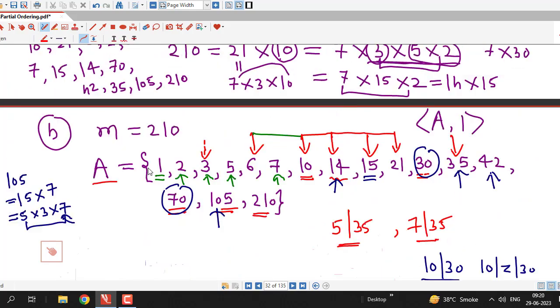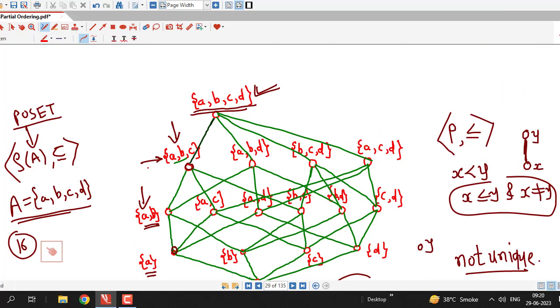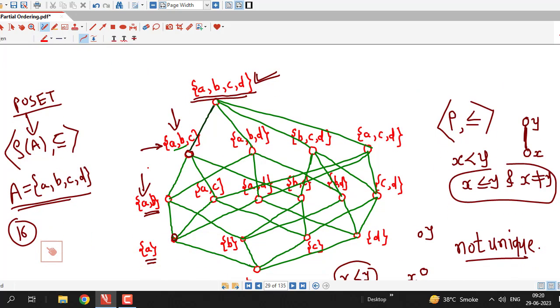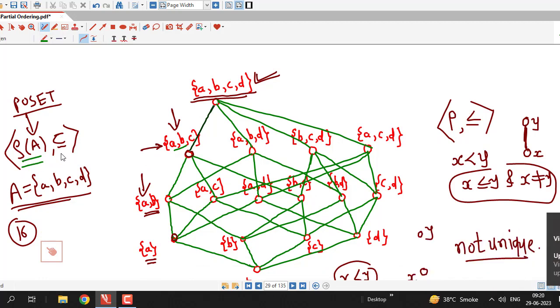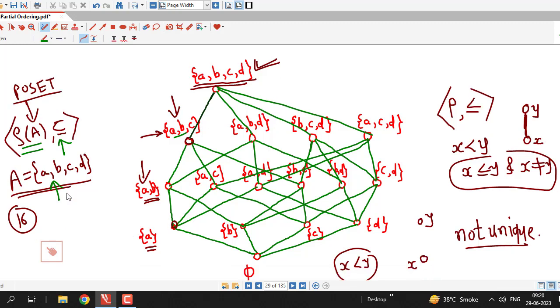Now if you recall the previous lecture in which we have drawn the hasse diagram for this set. In the previous lecture we have drawn the hasse diagram for the power set of A with inclusion relation, which has 4 elements, and here also you can see that this empty set is covered by singleton sets.